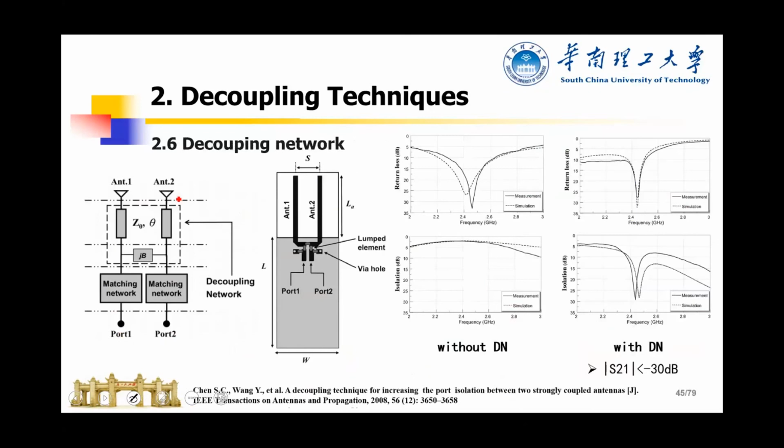Also, the method of decoupling network. In this work, they just insert a coupling network to cancel the coupling between the antennas. So it also has good isolation.